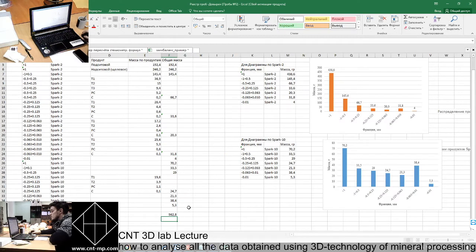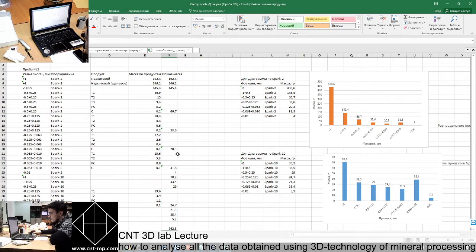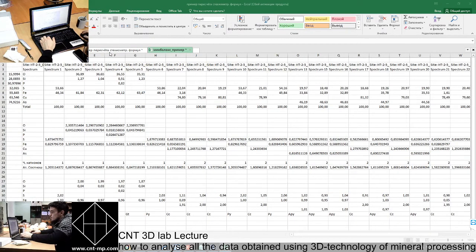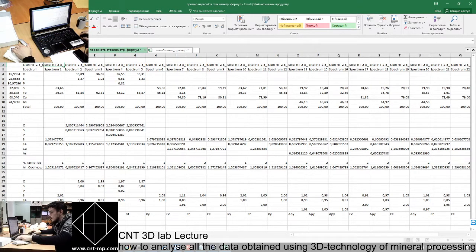And also I would like to show you the final result. You have to understand that these cases, counting the mineral balances and the stoichiometric formulas, are not common, but we try to understand the substance we investigate.